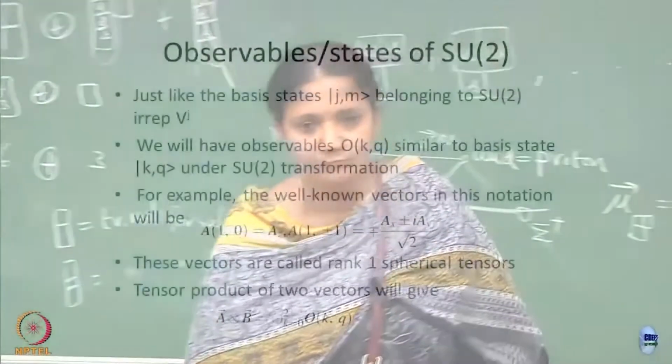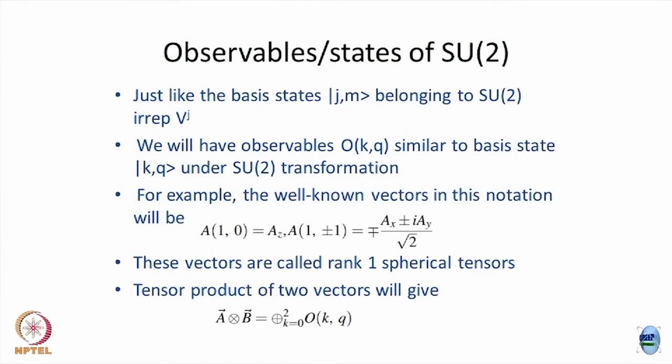Okay. So, associated with the states |j, m> in the context of SU(2), you will have observables which I am going to write as O_kq, which is similar to writing a basis state like |k, q>. Remember, your electric dipole moment will be like a vector, and if this one is spin j equal to 1, then the 3 components of that vector should be related to the 3 components of that vector, which is what I have shown you here as an example.